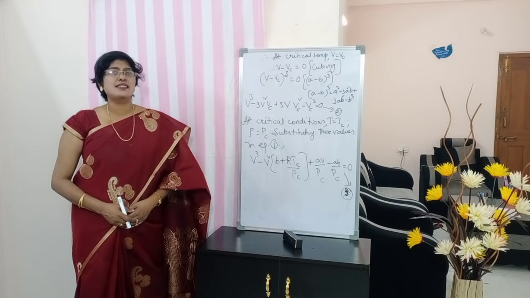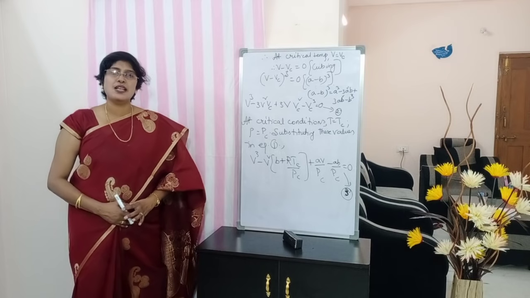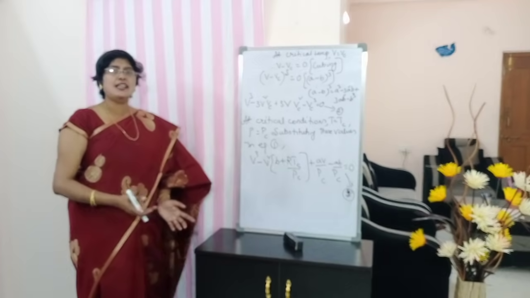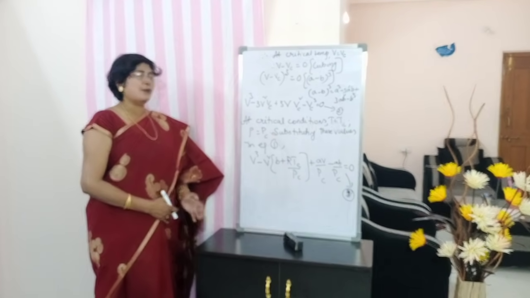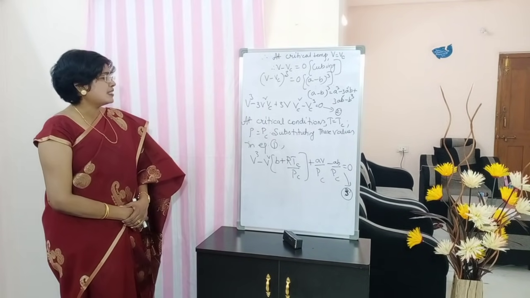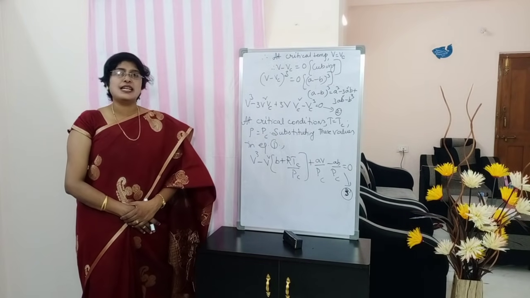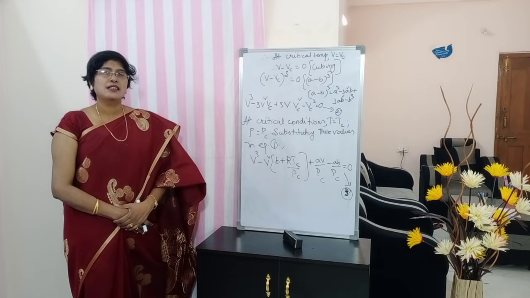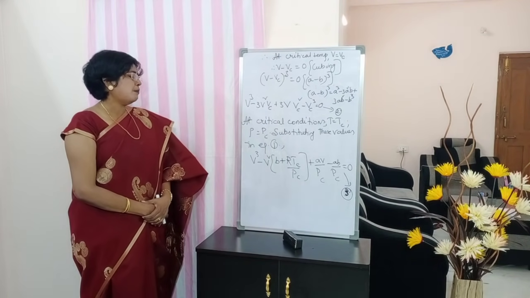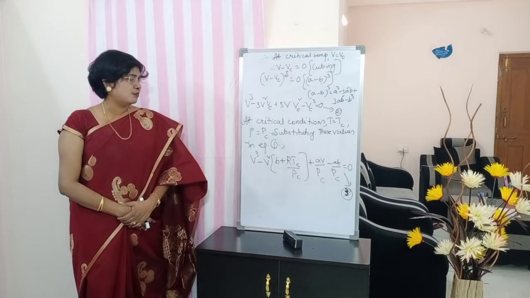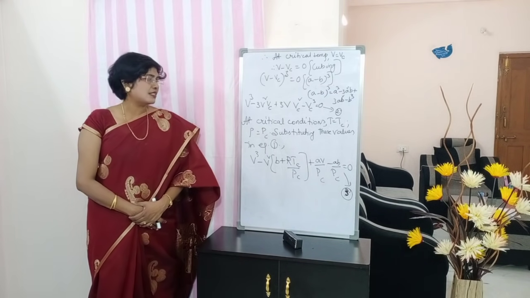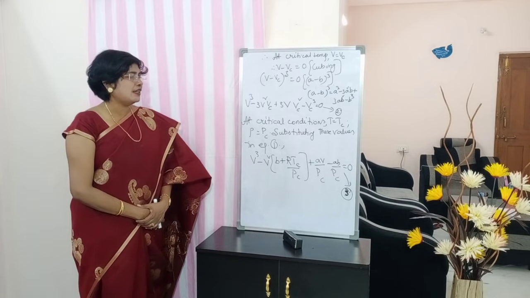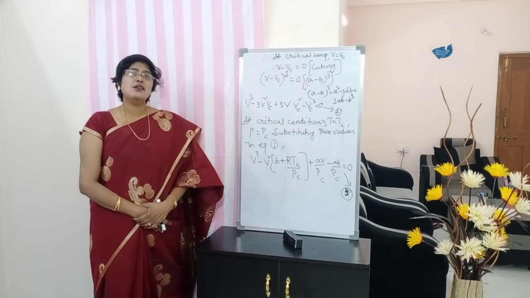Turn back your pages and look at equation number 1, students. In that equation, we will substitute Tc in the place of T and Pc in the place of P. So after substituting, equation 1 becomes V cube minus V square into B plus R Tc by Pc plus AB by Pc minus AB by Pc is equal to 0.